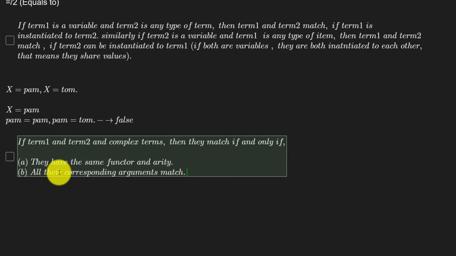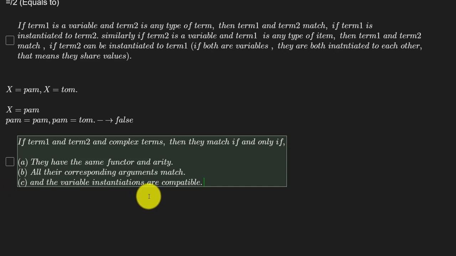Okay, and the third requirement is that the variable instantiations are compatible. We will see what we mean by this over here, a similar kind of concept. We will see what I mean by variable instantiation should be compatible.